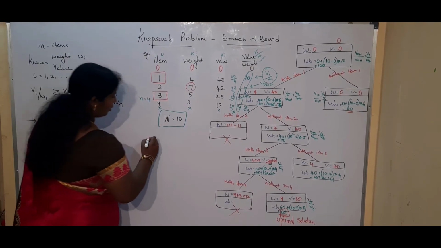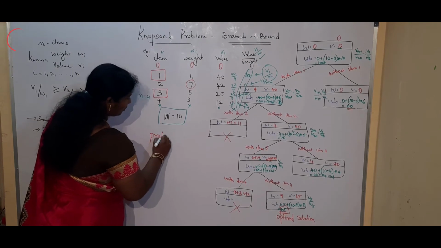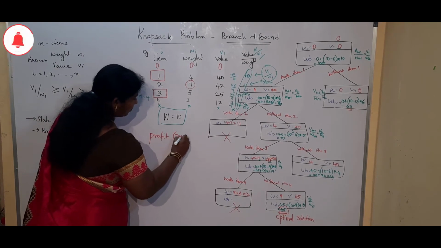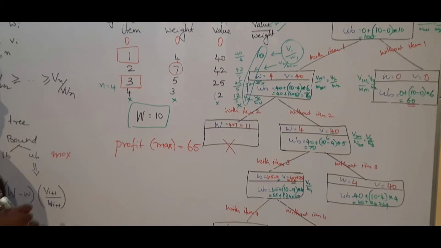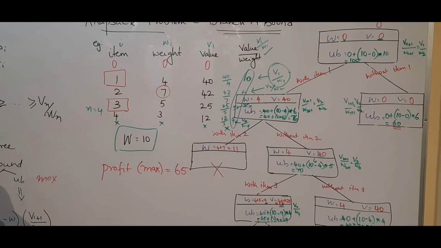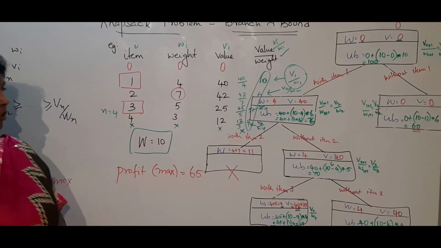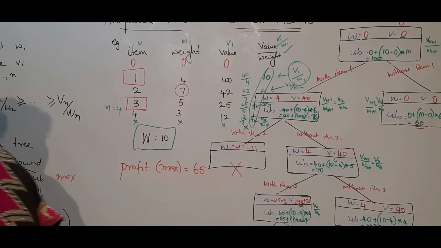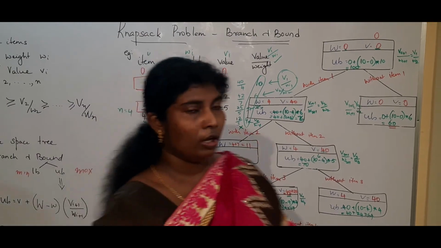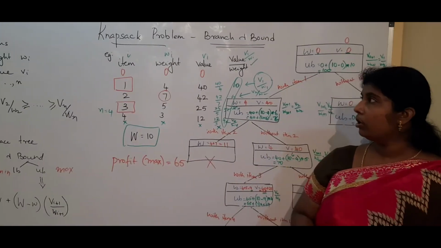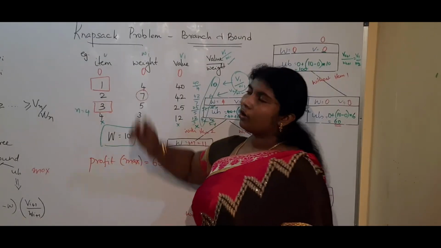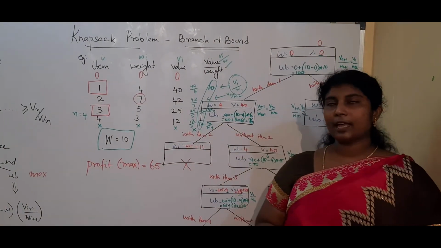I would get a good profit which is going to be maximum, that is going to be 65. Okay, so now I have got the solution. So this is the best solution which I have got through the method which is called branch and bound. I have solved the knapsack problem.